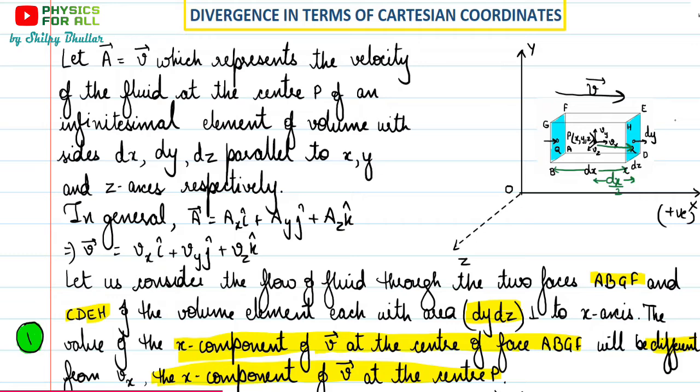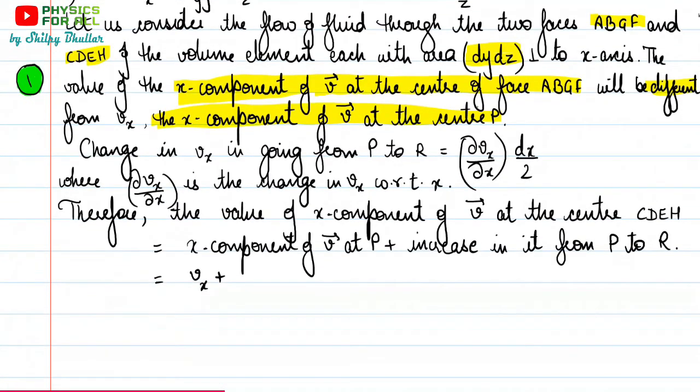So the increase from P to R is the change in Vx in going from P to R, which we can write as half curly Vx by curly x, times dx.